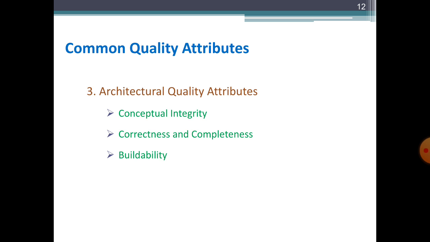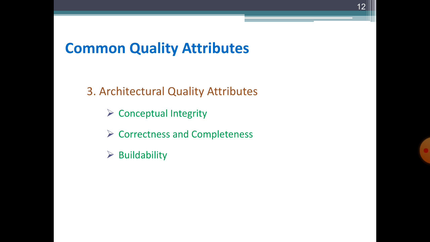The last one is architectural quality attributes. In this third level of common quality attributes we are more interested in the architectural quality attributes. The first one is conceptual integrity. Students, what is conceptual integrity? Conceptual integrity is the underlying theme or vision that unifies the design of the system at all levels.